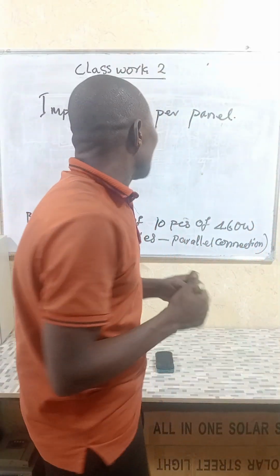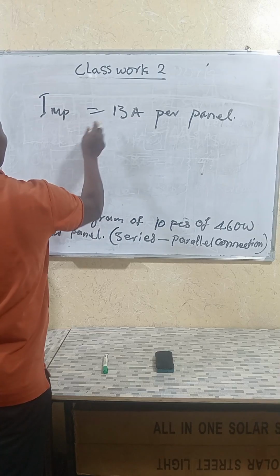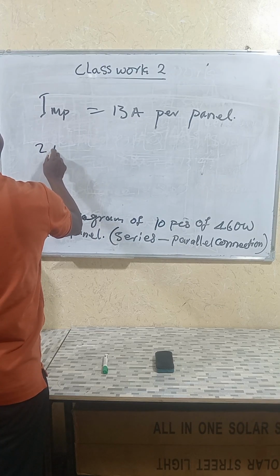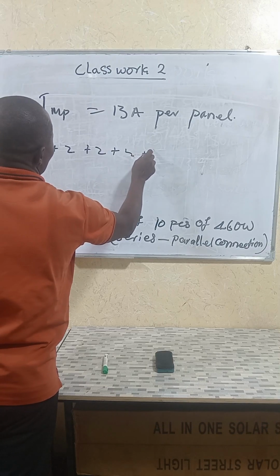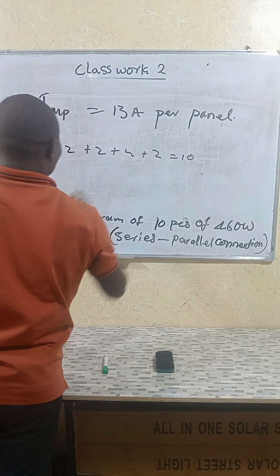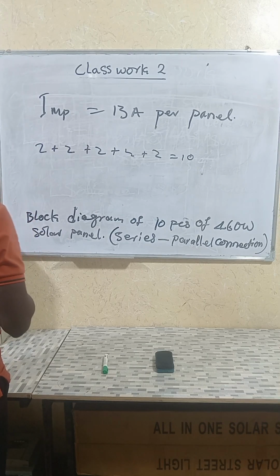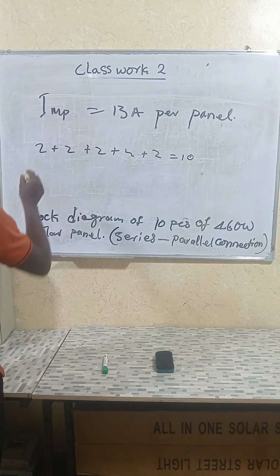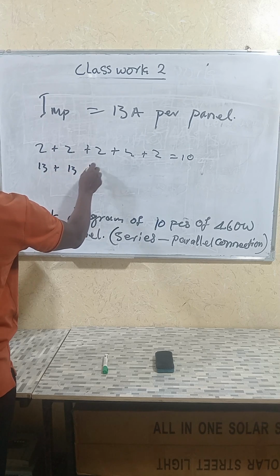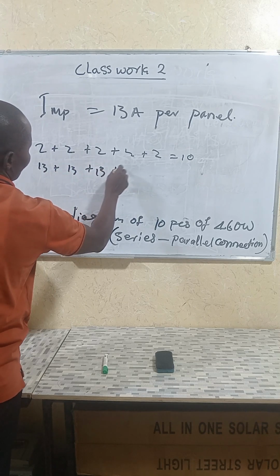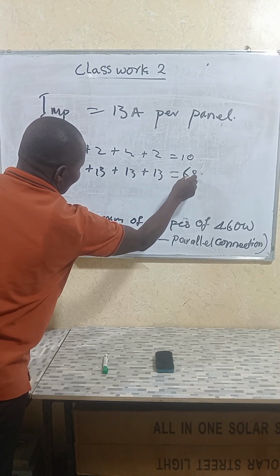Two in series is 2 plus 2 plus 2 plus 2 plus 2, that gives us 10. Each one gives you 13 amps, so we have 13 plus 13 plus 13 plus 13 plus 13 equal to 65.